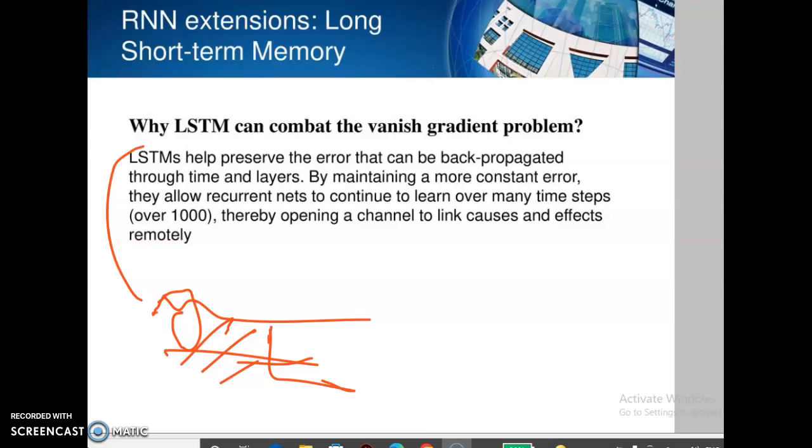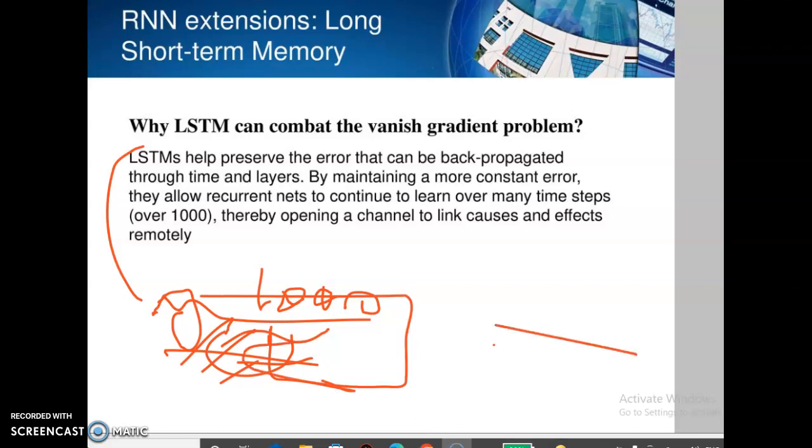They allow recurrent units to continue to learn over many time steps, over a thousand times, thereby opening a channel to link causes and effects remotely.